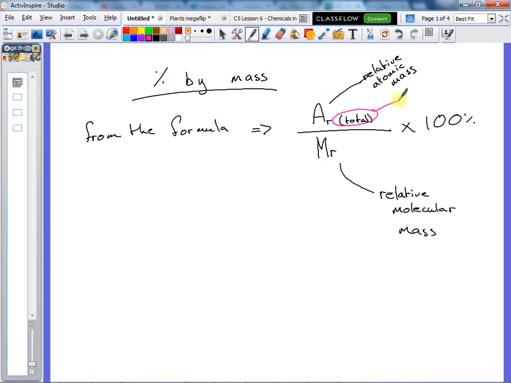We'll come back to this in one of the examples, but there might be more than one atom of that element in the formula.